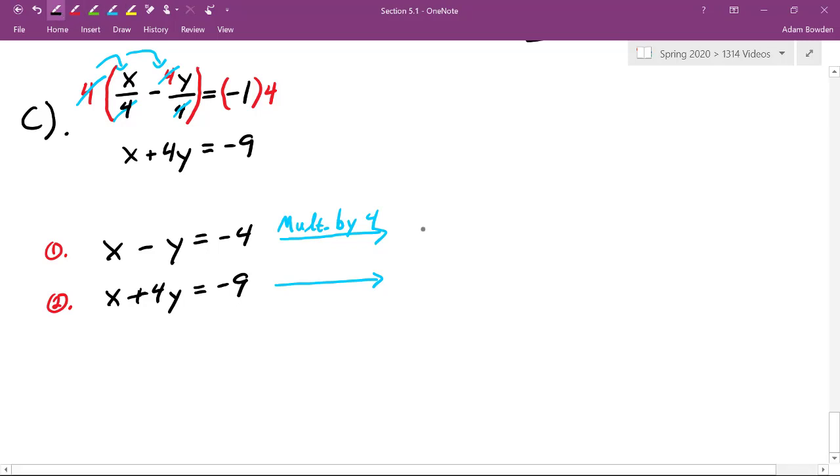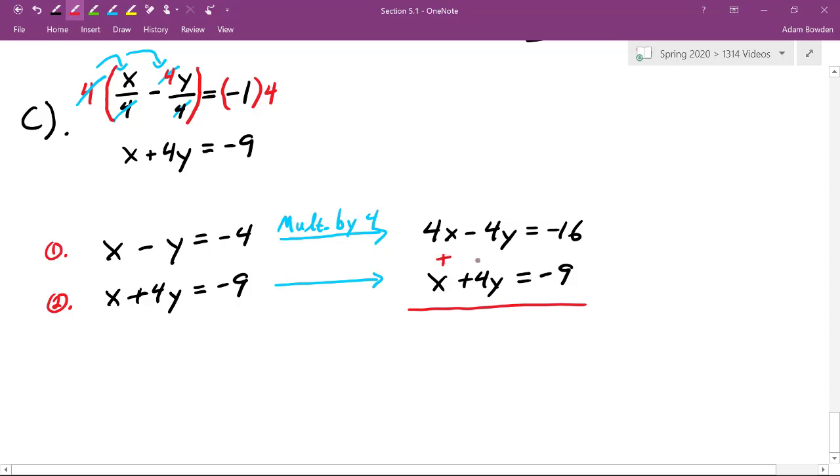And multiply equation 1 by 4, we get 4x minus 4y equals negative 16. So now we have what we want. We see the two y terms will cancel when we add them together.